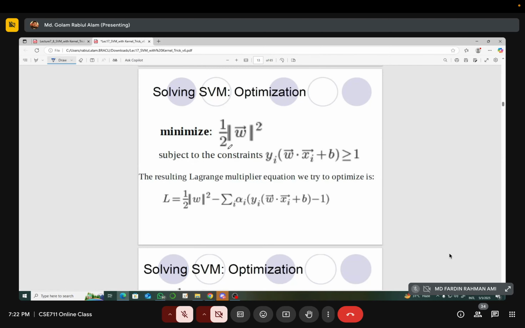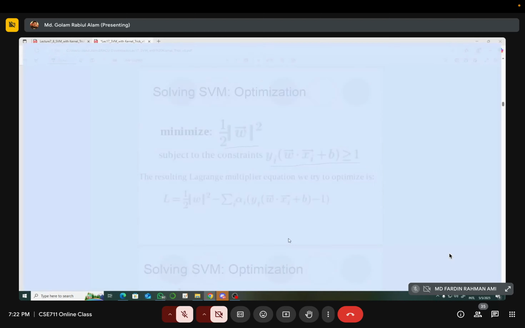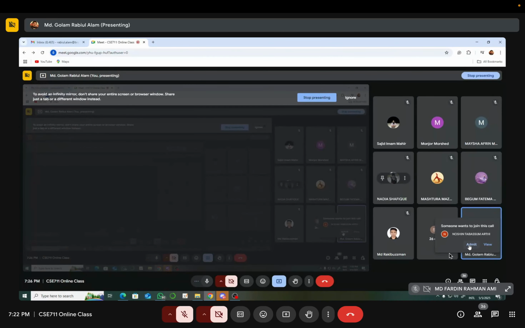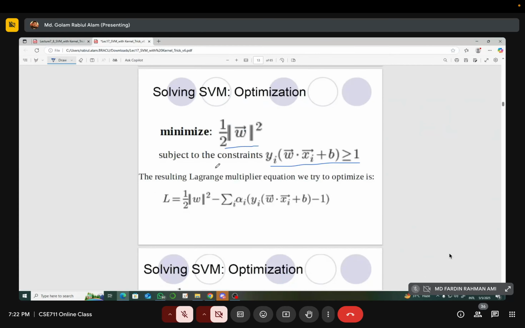Our objective is to minimize this function and the constant. This is our constraints. And now our target is to find out the optimal value of W and B. I think those who are new here, you have to study the first class of support vector machine we have discussed in our last class.